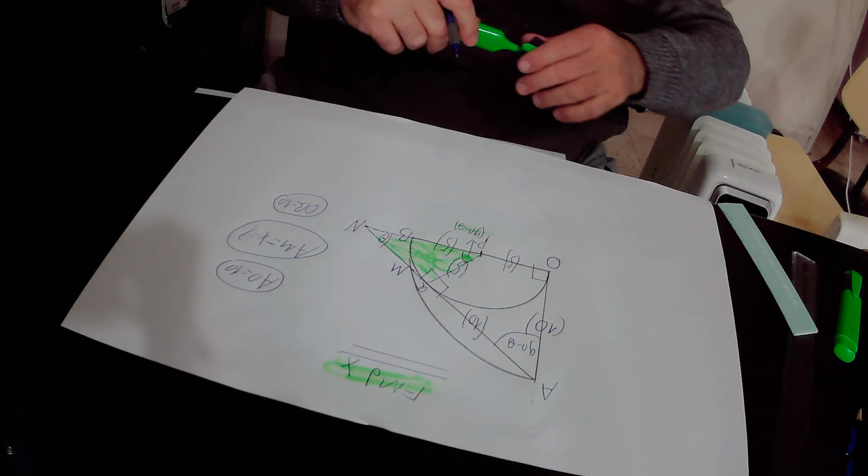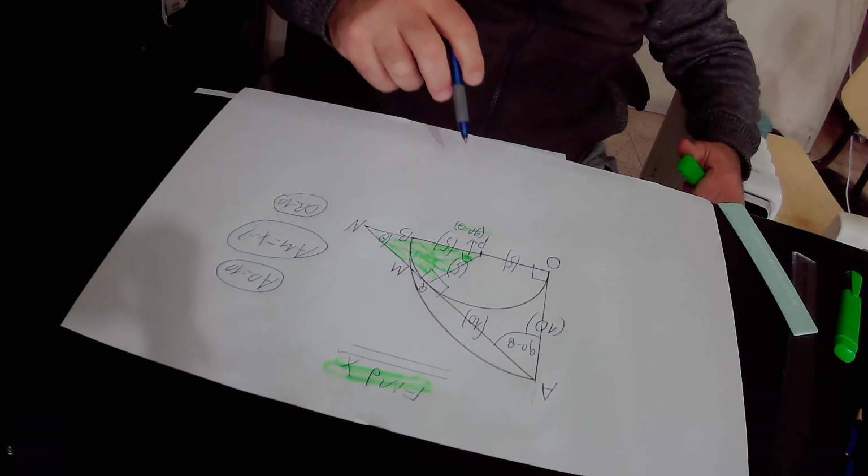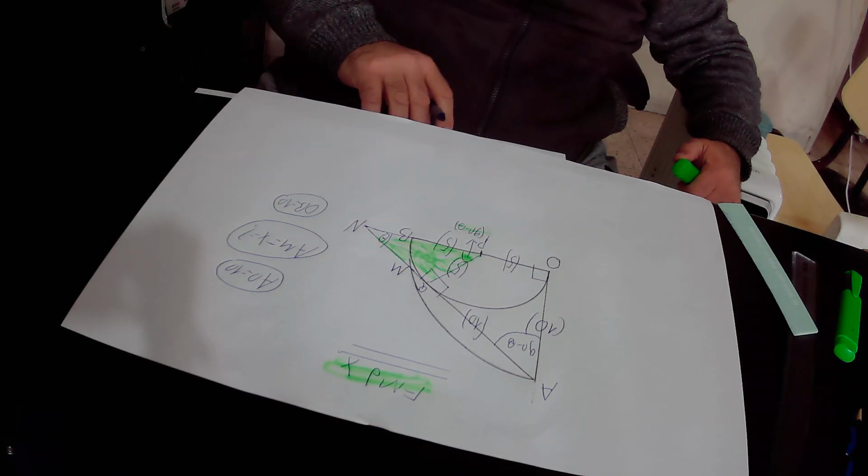In the next step, we prove that the big right triangle AON is similar to the green right triangle PQN. So write it down.